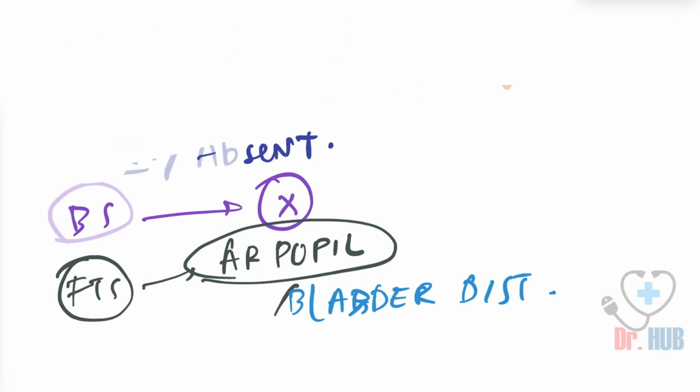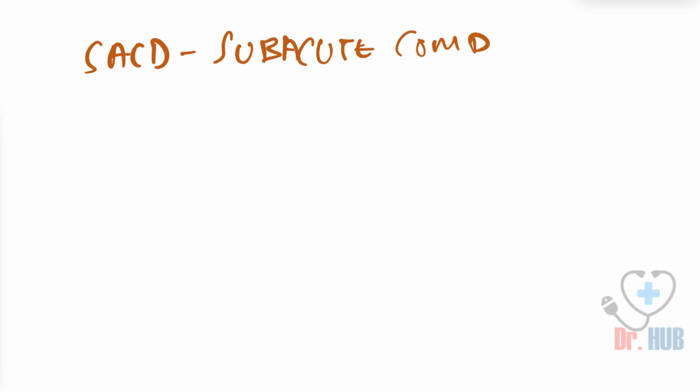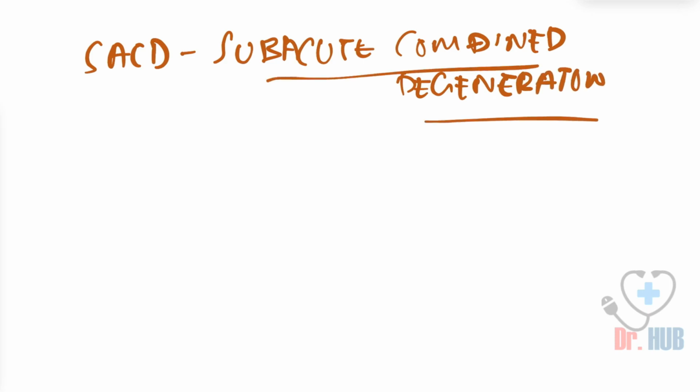Next, we'll be looking at the SACD. What is the SACD? The SACD is the subacute combined degeneration. Under this, we are looking at the tract which is involved.